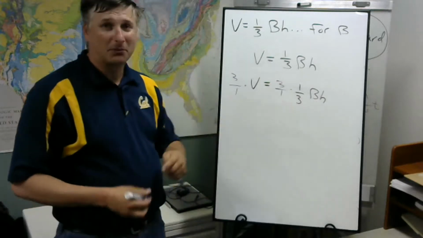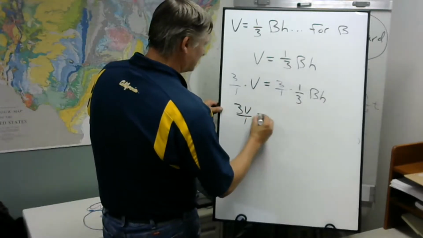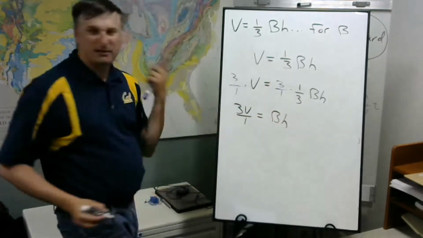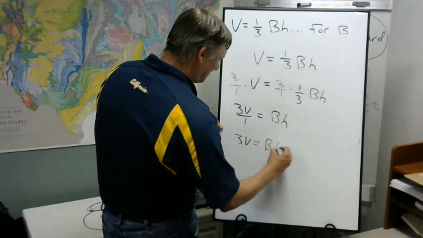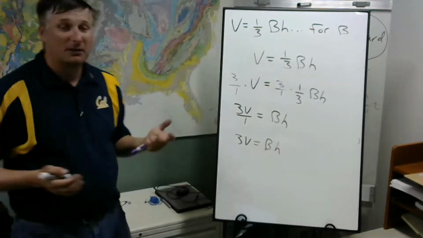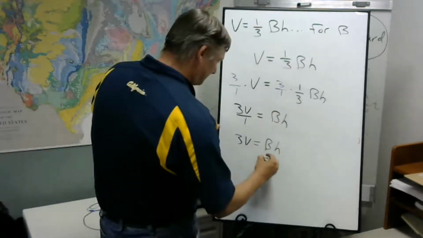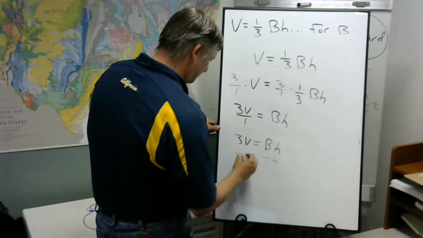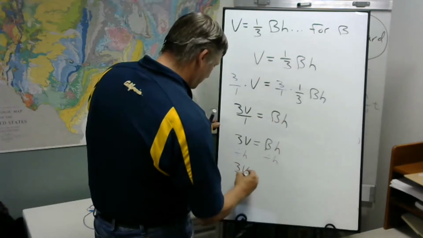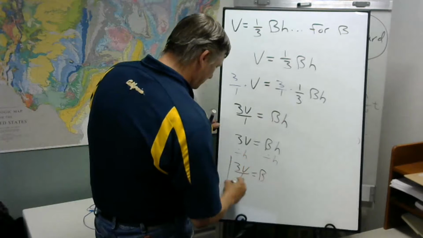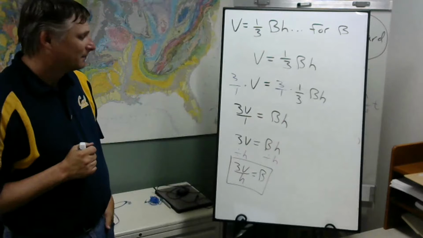So this, in effect, cancels. So we'll get 3v over 1 is vh. And again, dividing by 1 doesn't do anything. We'll just call it this. And there we go. We need to divide by h. And we'll get 3v over h is equal to b. And there we go.